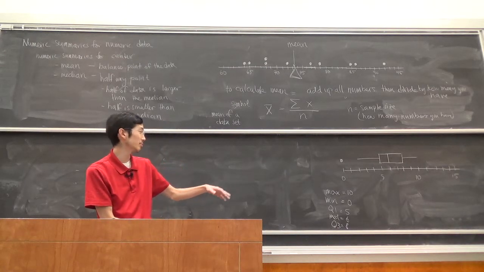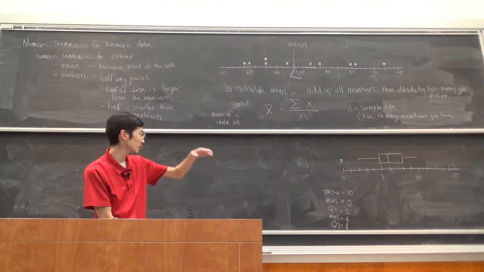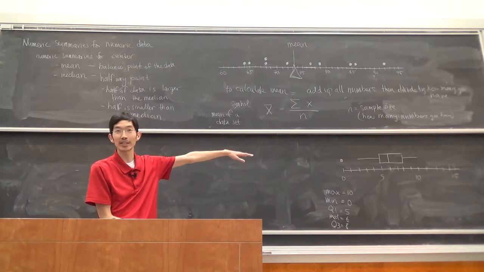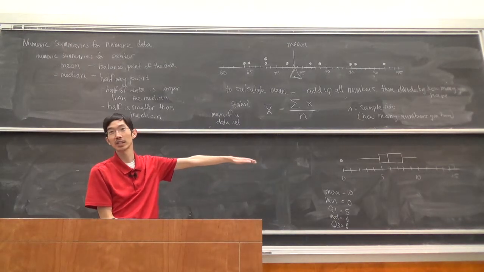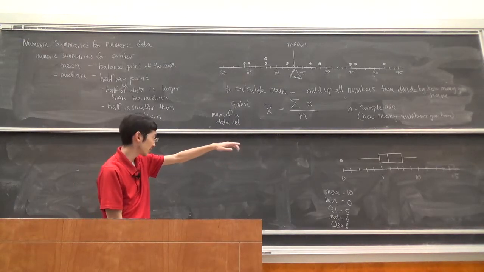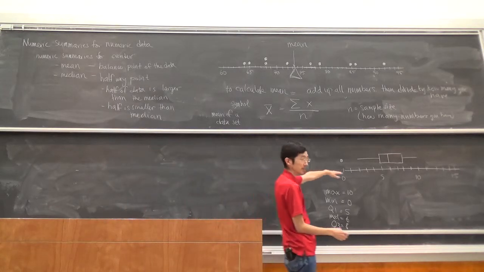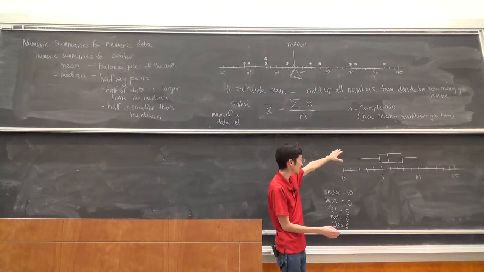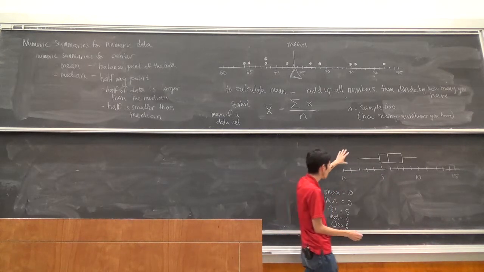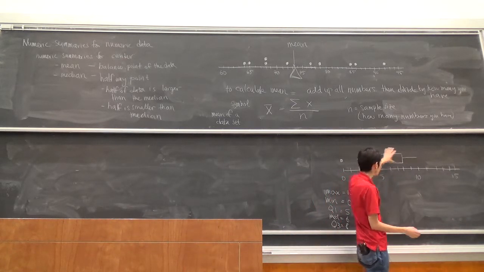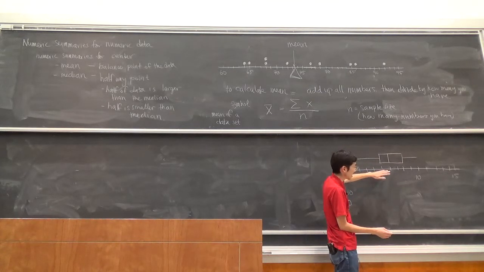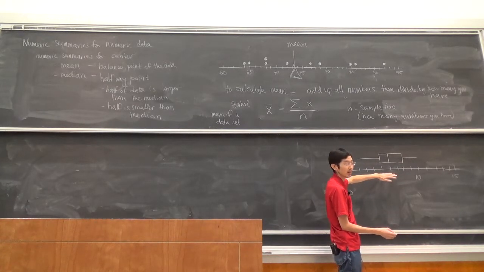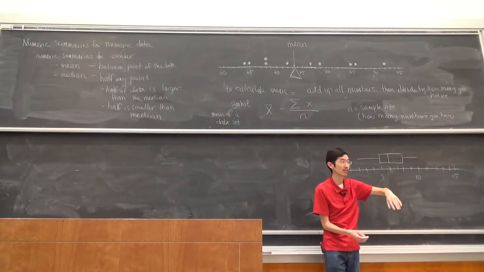But there's no mean being displayed here, and there's no way for us to find the mean here. This is a number line. These are not values, they're not data points. This is a box plot. All of our data is represented in the upper part. This down here is a number line, and they're not data points.